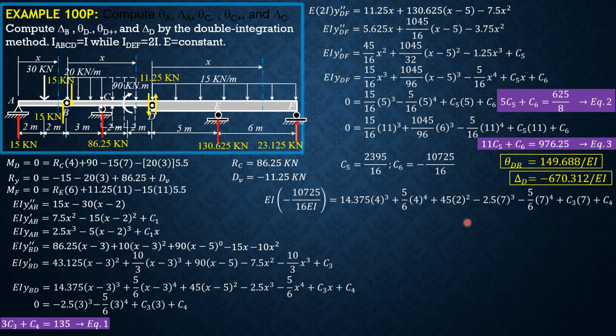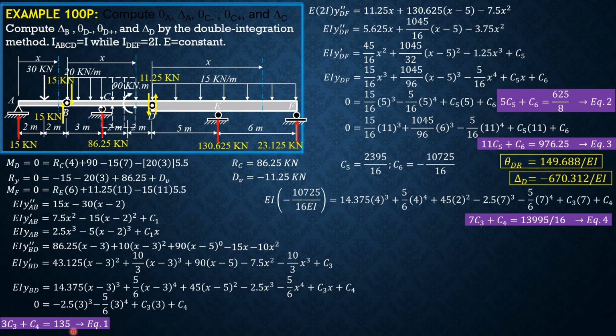So that's the equation. So simplifying and establishing the fourth equation, 7 c sub 3 plus c sub 4 is equal to, so manipulating these constants, simplifying using your calculator, and that is 3995 over 16.